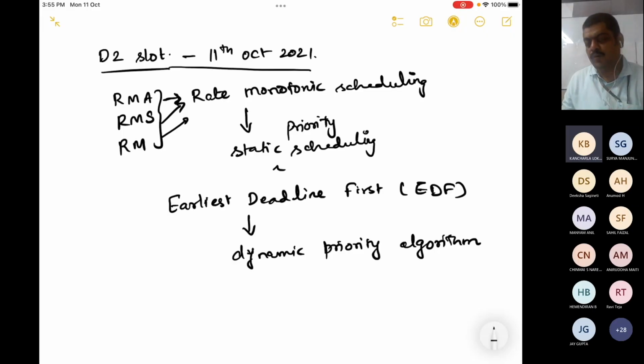Okay, so usually, if you take Chandrayaan 2, Mars Pathfinder, and any space shuttle, whatever high-end embedded system solutions they develop, most of them might have this RM algorithm, rate monotonic scheduling.